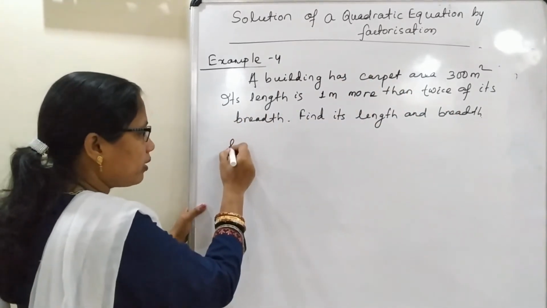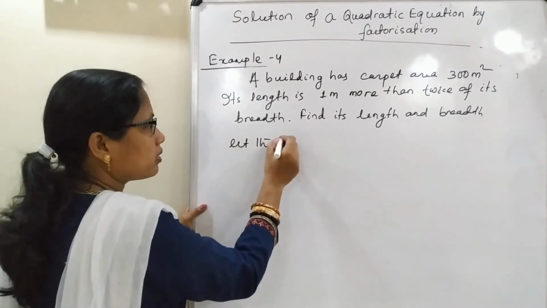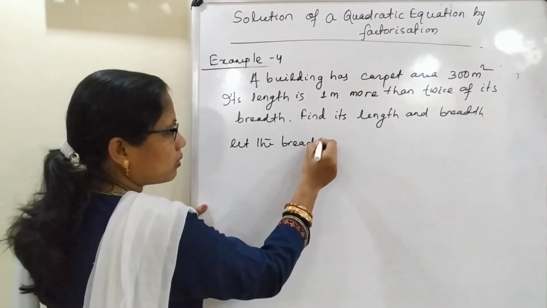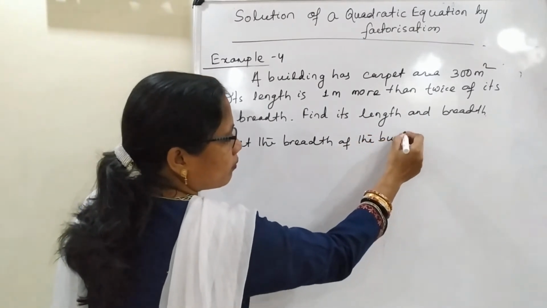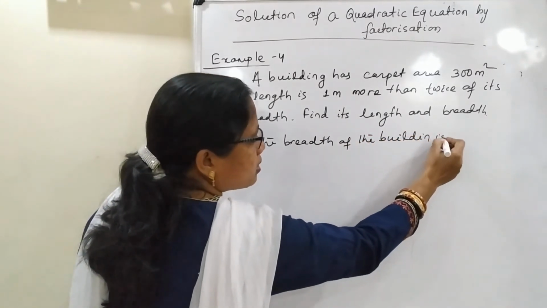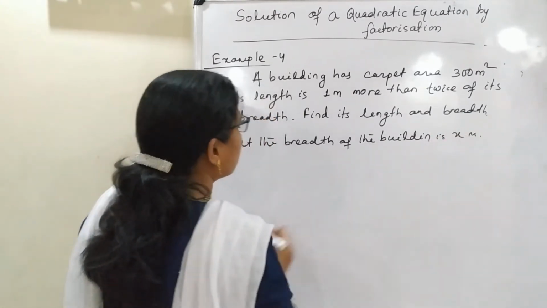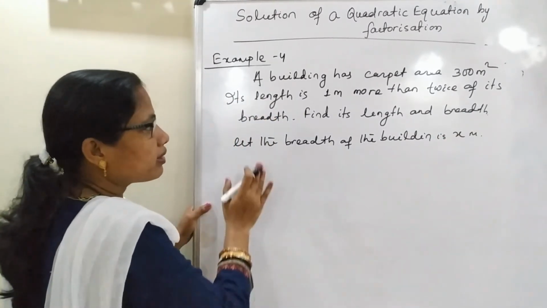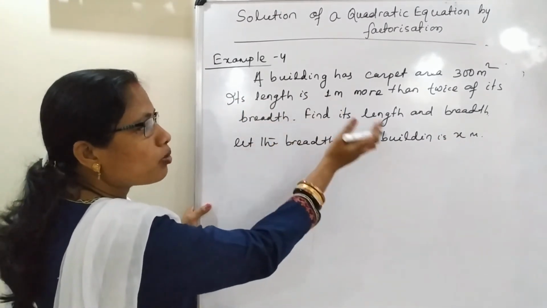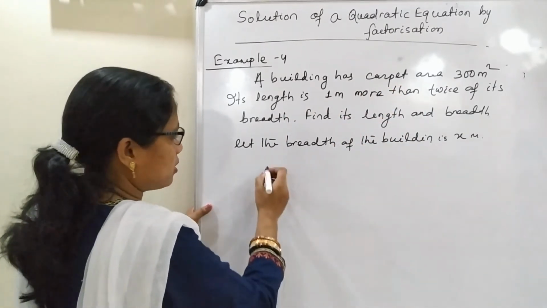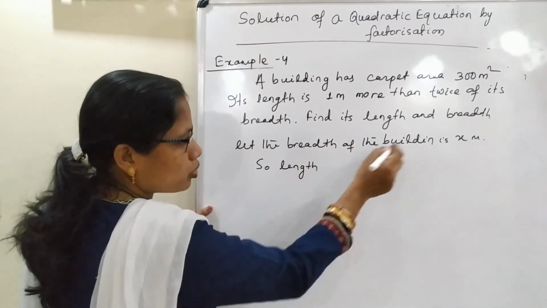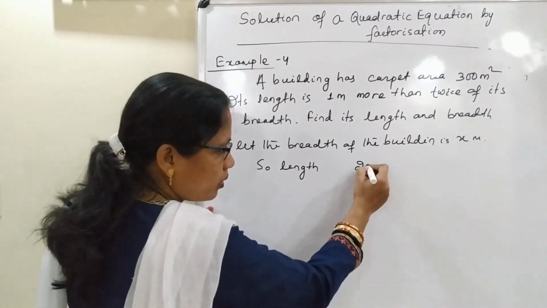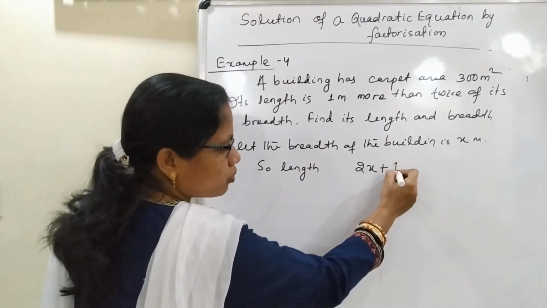So let the breadth of the building be x meter. So what will be its length? Length is 1 meter more than twice of its breadth. So twice of its breadth means 2x and 1 more means 2x plus 1.